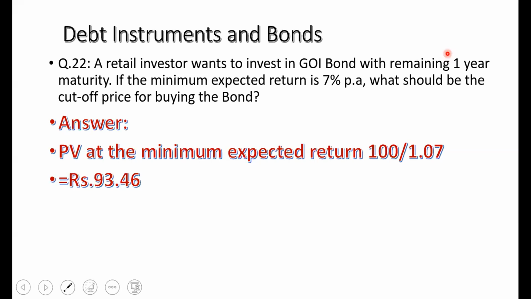Now 1,000 I will divide. So here I am going to get 100 rupees after 1 year at 7%. So on the same formula, PV is equal to Pn, the value at the nth year, 100, divided by 1 plus R to the power n. Here it is only 1 year. If it is 2 years, then to the power 2. Here it is 1 year, so just 1.